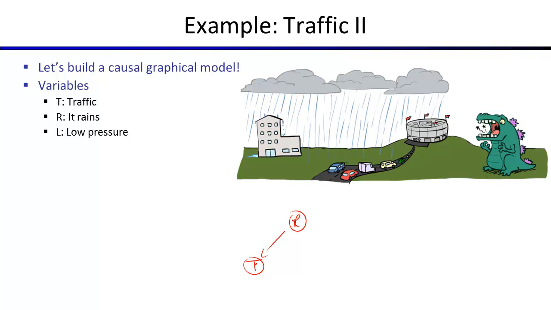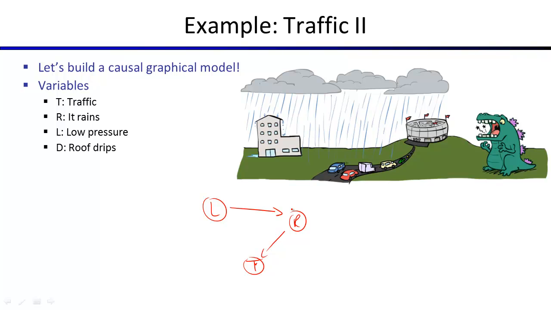Low pressure is a weather condition that might influence whether it rains or not. So let's put it up here and have it point to rain. Let's not have it point to traffic because it's less likely that low pressure directly influences how traffic is.